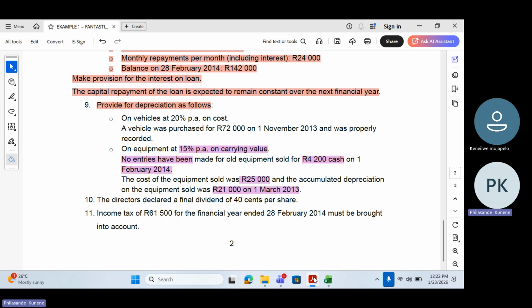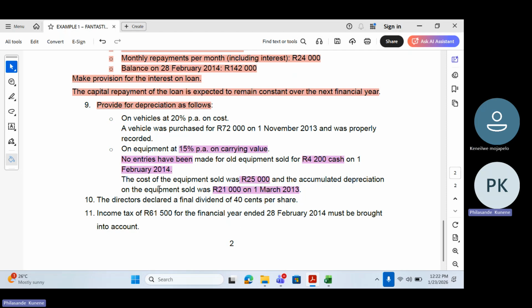But I will do it with you just now. Let's start calculating the depreciation of the equipment that was sold. Because another thing here, we will need to know whether we sold this at a profit or at a loss. That should go to the income statement. So we're not just getting depreciation only here. We're also getting a profit or loss on disposal of the asset.